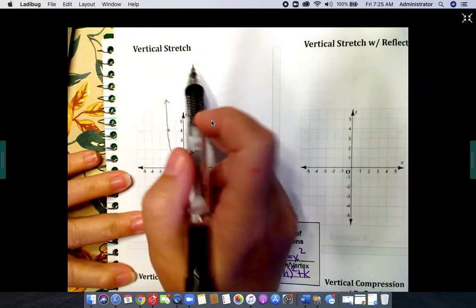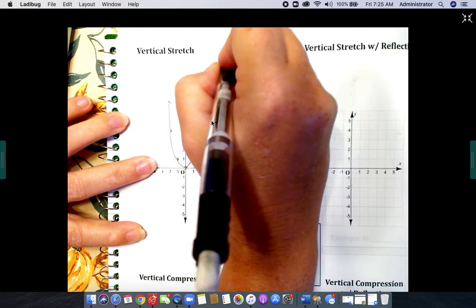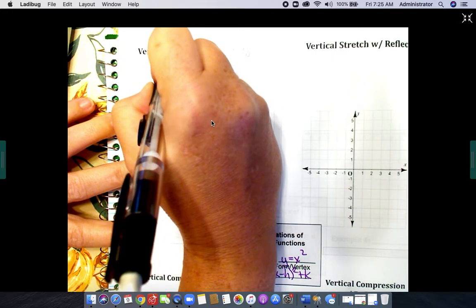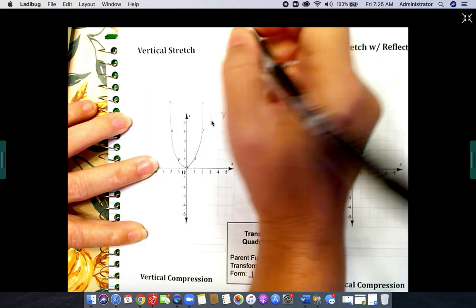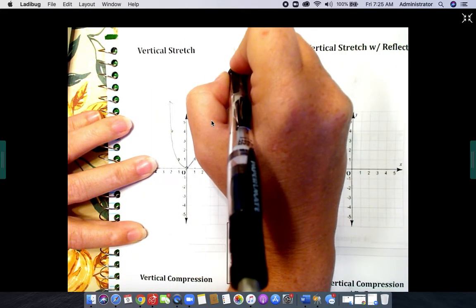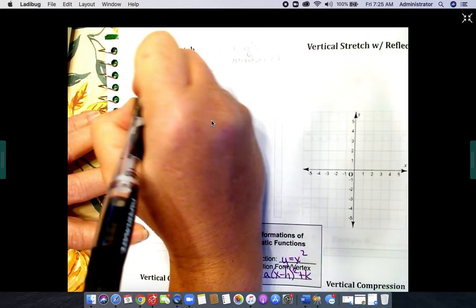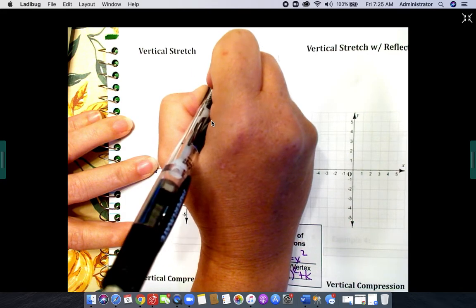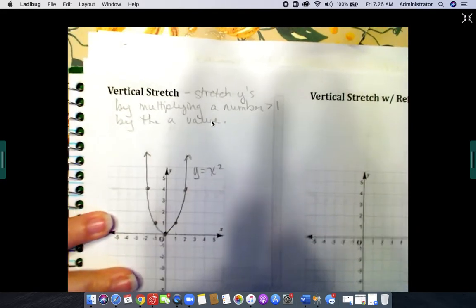So a vertical stretch means you are stretching the y values by multiplying by a number greater than 1. Maybe I should use pen so it'll show better.